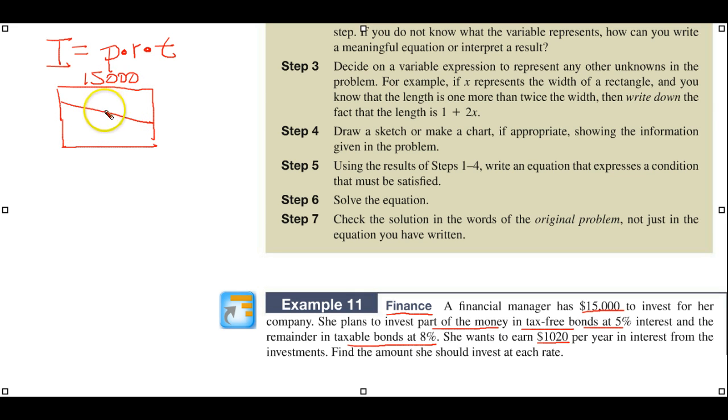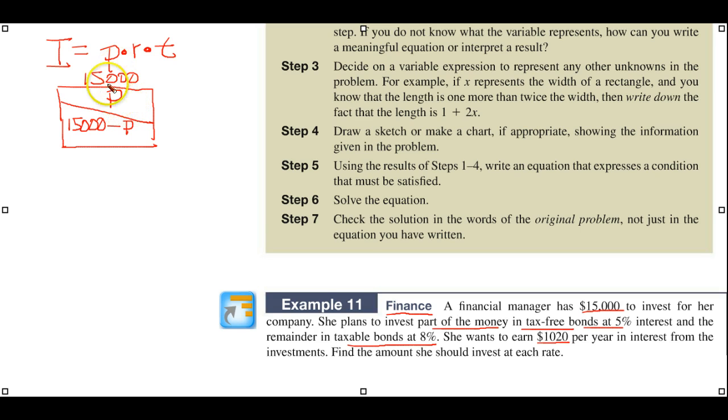Well, that's the marvel of algebra. I'm going to say that this part is P. Again, we don't know how much of that 15,000 that's going to be, but the other part would be 15,000 minus P. I have divided that 15,000 into 2 parts, and the algebra is going to do all of its magic.